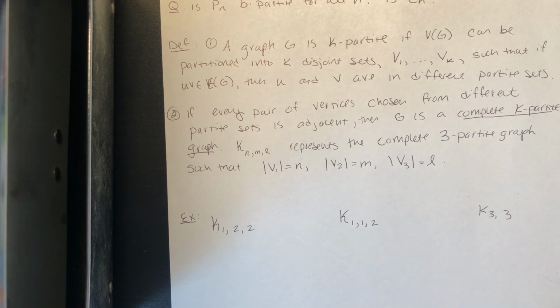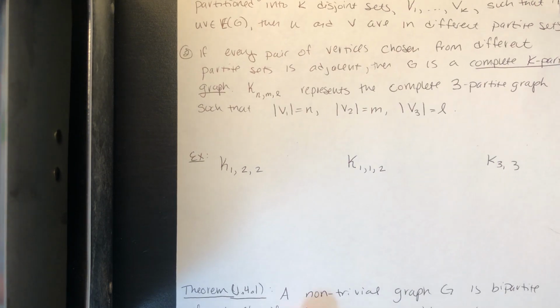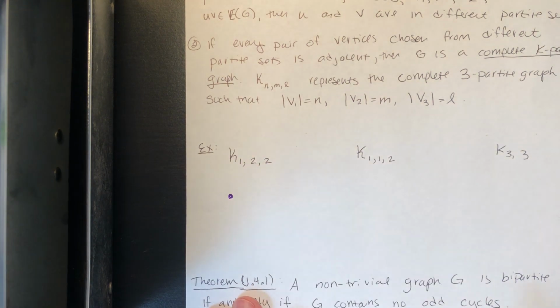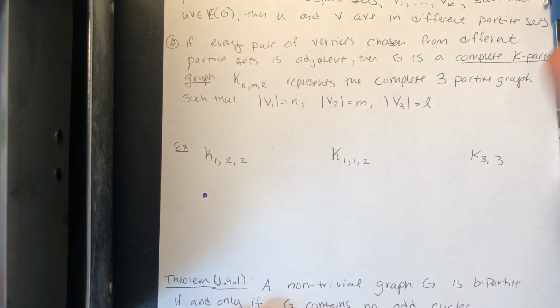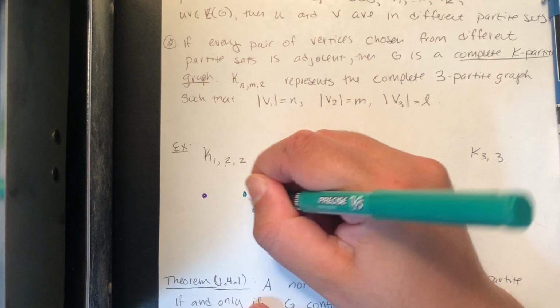So just to make sure everyone understands what this means, let's do an example and use some colors to make it a little bit clearer. If we wanted to draw the graph K1,2,2, it means you've got one vertex in your first partite set. I'll color that with purple. We've got two vertices in our second partite set. I'll color those with green.